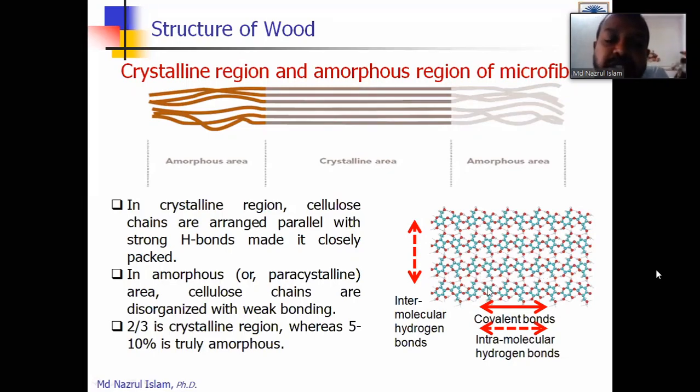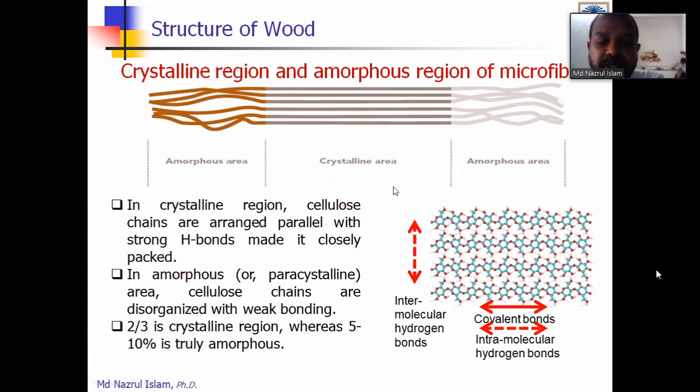The hydrogen bonding between two cellulose chains is very strong in the crystalline area. However, in the amorphous region, the intra- and inter-cellulose hydrogen bonding is not strong. Because of the very strong hydrogen bonds between and within cellulose chains, the crystalline region cannot absorb moisture. However, the amorphous region can absorb moisture.